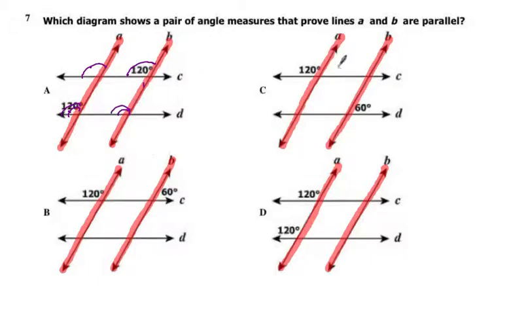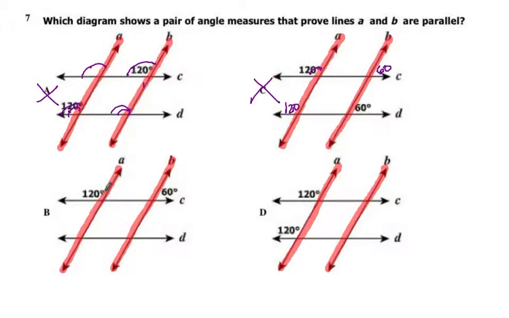All right? If we look at C, this is 120. In order for these two lines to be parallel, this would have to be 60 up here, or 120 down here. So that one doesn't work either.